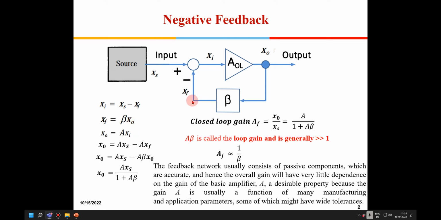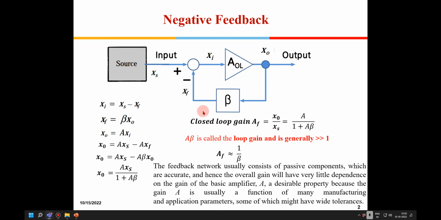So a fraction of the output is again given back into a difference amplifier, which takes the difference of these two signals. This is the input signal, so the difference of these two is given to the amplifier. This is the schematic.